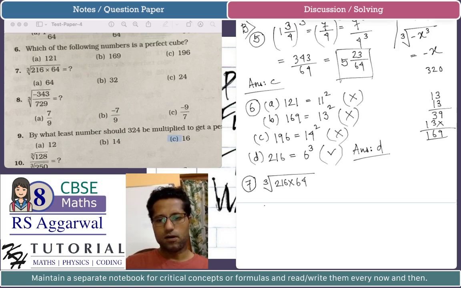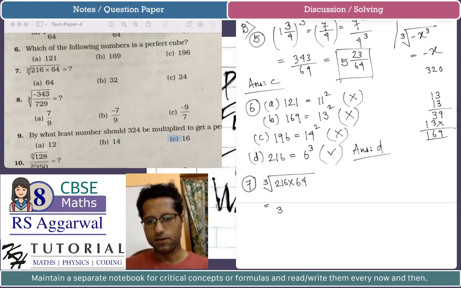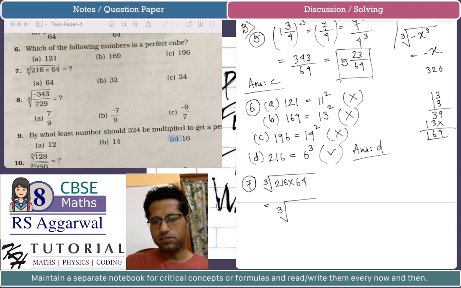So I will try to see if I can express the given number inside the cube root as terms having power of 3. It could be a single term or product of exponential terms where each exponential is having a power of 3. Then I can easily find the cube root. So 216 I know is 6 cube and 64 I know is 4 cube.